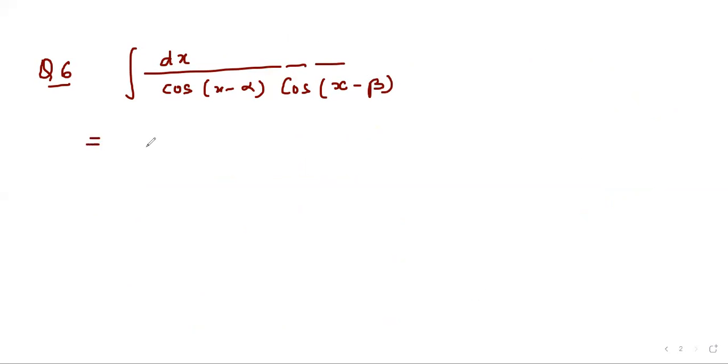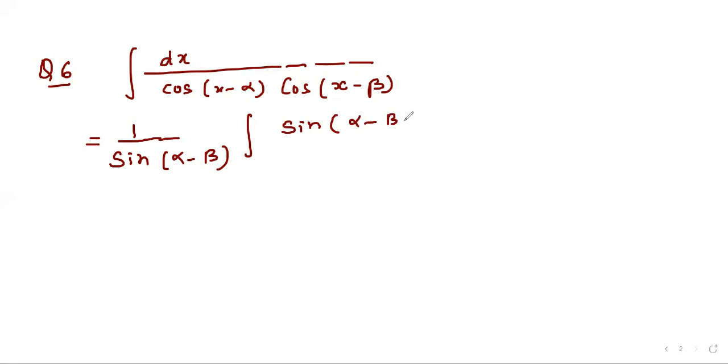Now what we do, we have to make cos x minus alpha and cos x minus beta in the numerator also. For that, we write here sine alpha minus beta. And in the numerator also, we multiply sine alpha minus beta dx divided by cos x minus alpha times cos x minus beta.